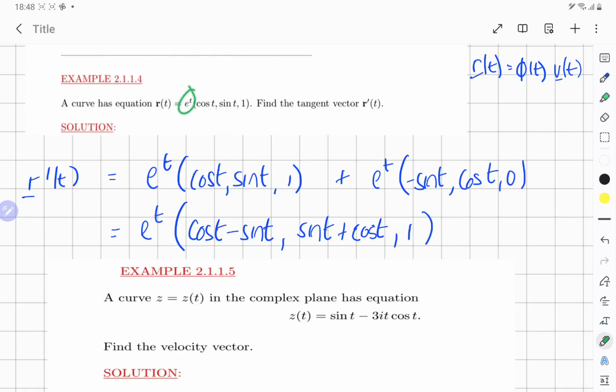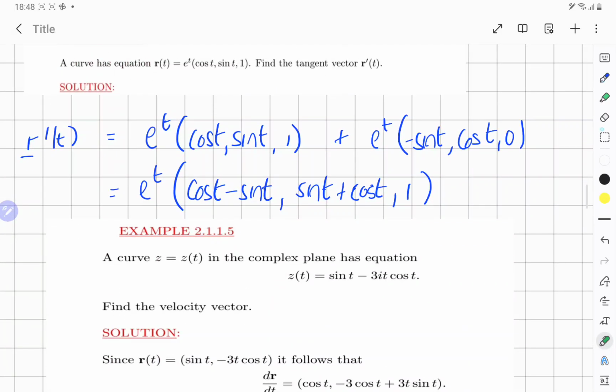You will derive e^t, it stays e to the power of t, you keep your vector as is, plus then e to the power t as is, then the derivative of your vector component was minus sine t, cos t, 0. Remember, whatever we do in this section, we work with vectors.